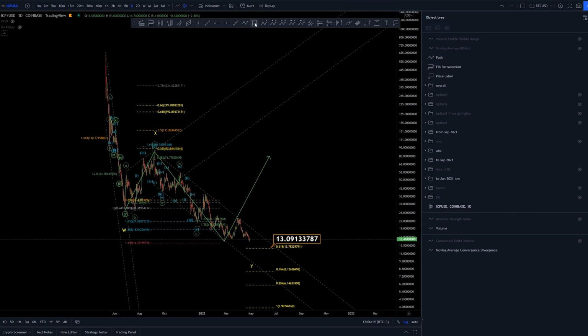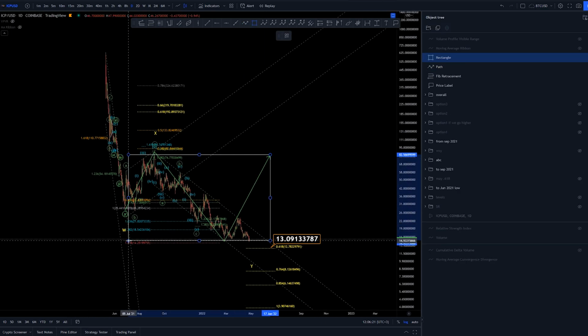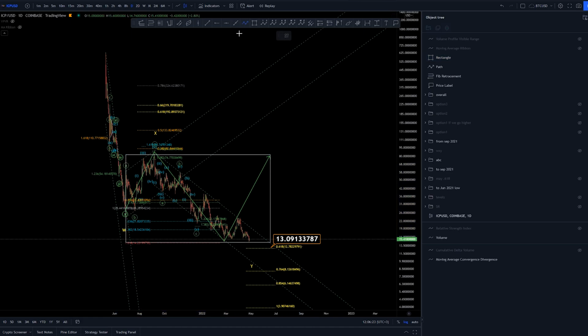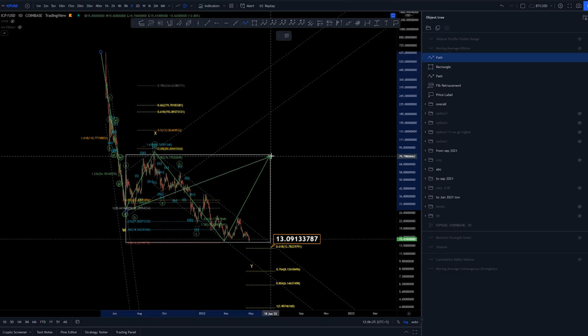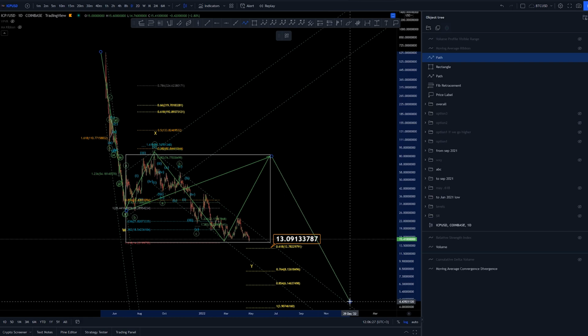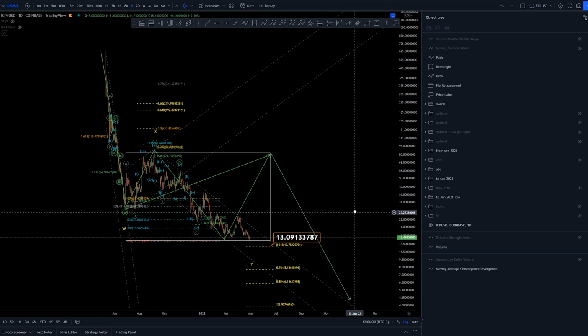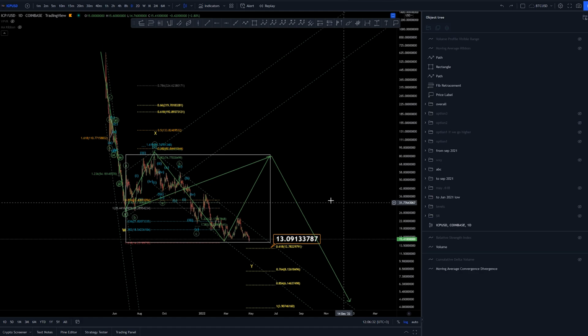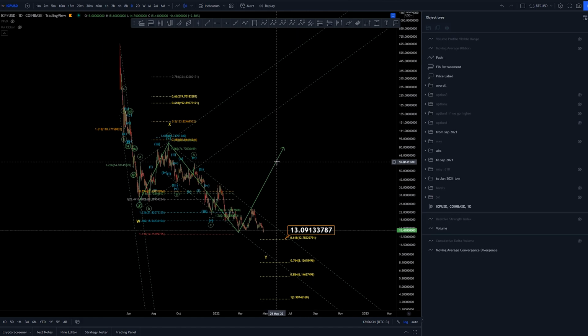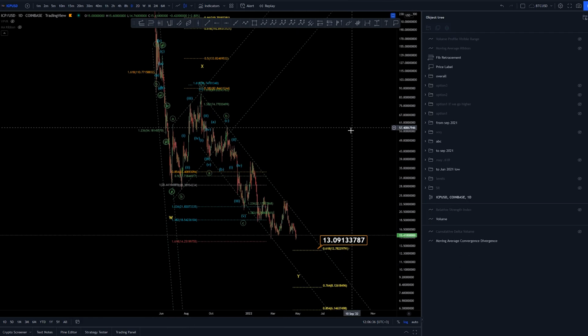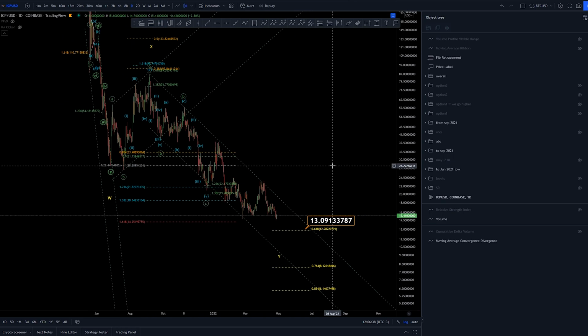And at that point we would be using, or could be using, this price action as some kind of connector and looking for way lower targets. And unfortunately there's just no clear way to see this price action here.